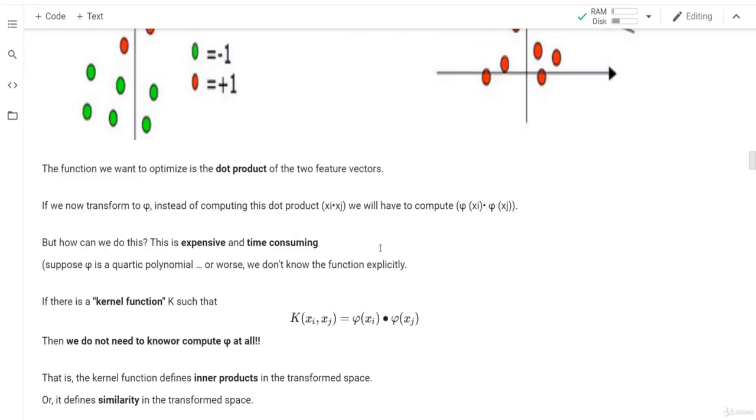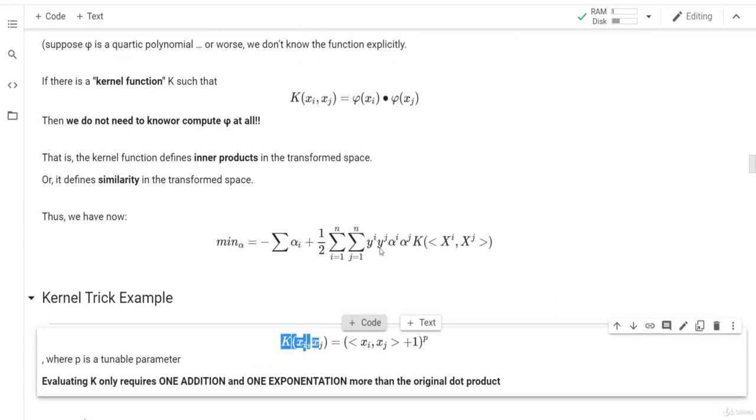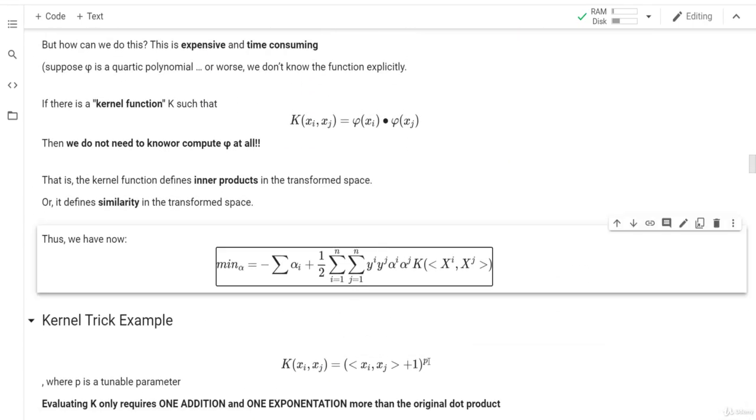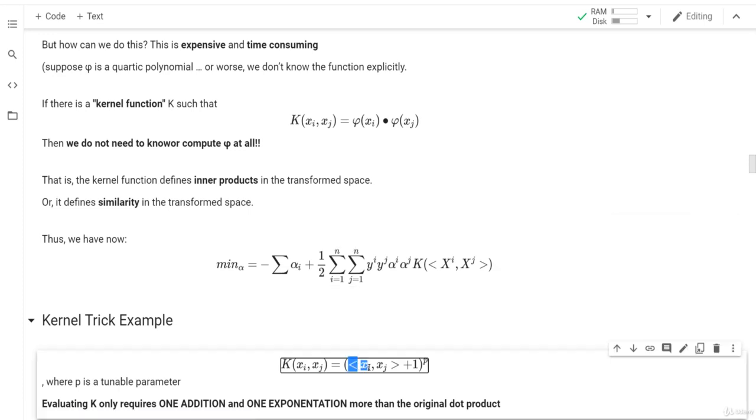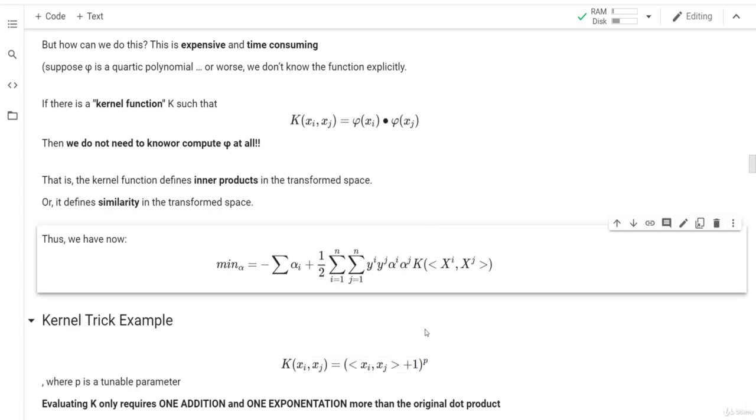Now let's have a more general function for the polynomial. We have xi, xj, which is what we were calculating before, plus 1. Let's say that the 1 is for the bias, and we have power p. So this is the kernel we are going to compute. Now b can be 1, 2, 3, whatever.